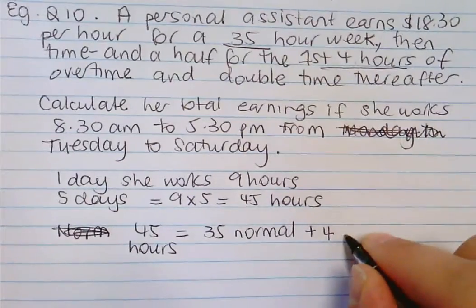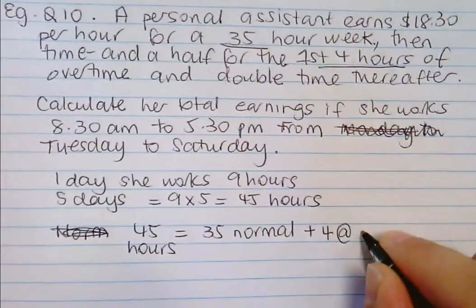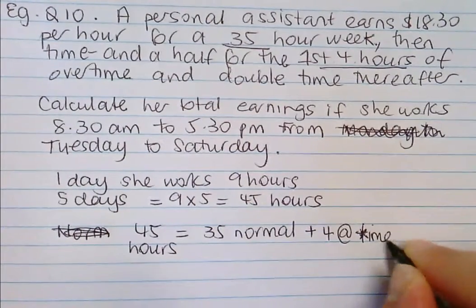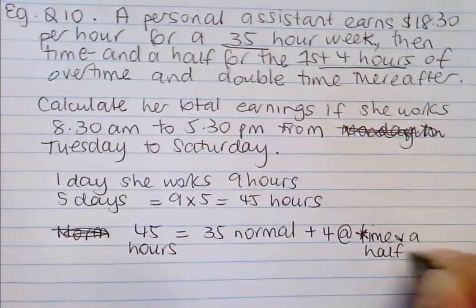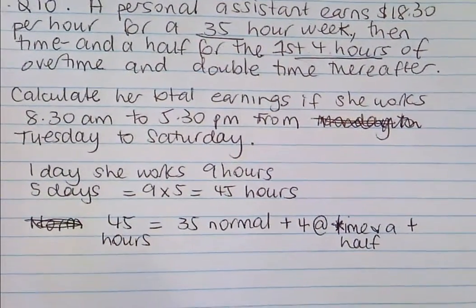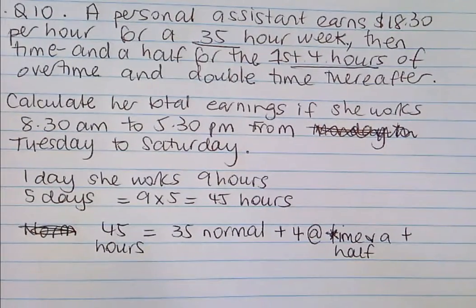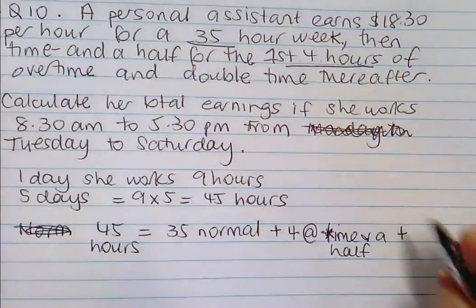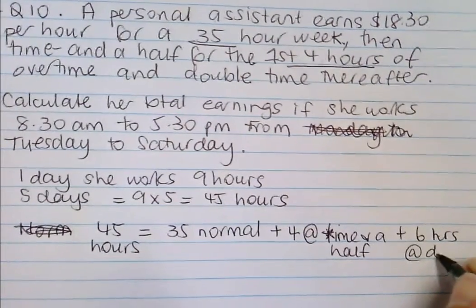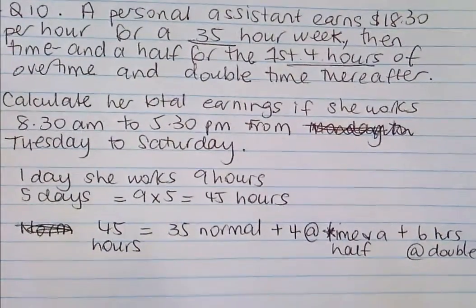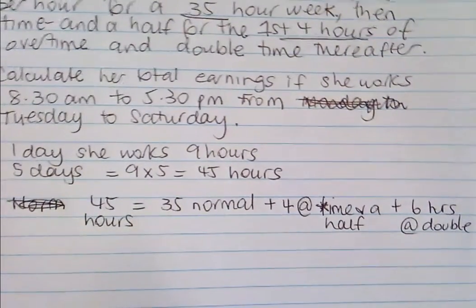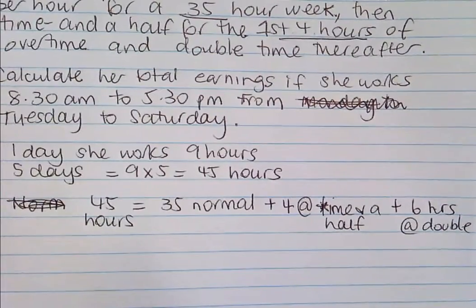So 4 hours at time and a half. You okay with this? Plus, what are we up to so far? 35 and 4 is 39. How many more hours? Plus 6 hours at double. All right. We all good? You can do this all in one step if you want, okay?